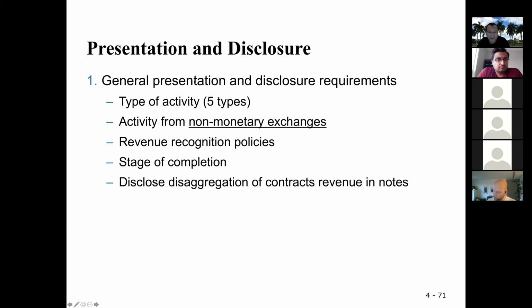Activities from non-monetary exchanges: we are going to talk more about this in chapter 8 or 9. Revenue recognition policy: which policy are you using? Sometimes when you're talking about delivery, there is something called FOB, freight on board.